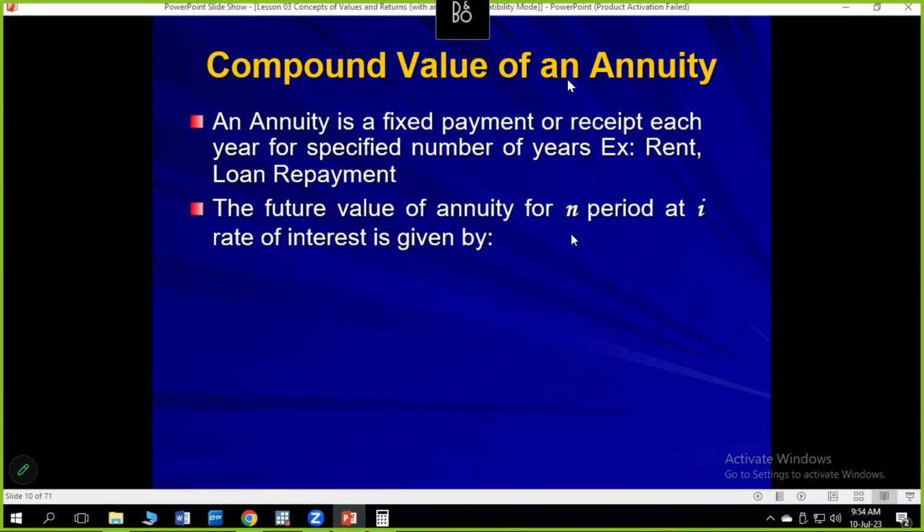The future value of an annuity should be calculated using some methodology for a period at a given rate of interest. These two variables, the number of years and the interest rate, are the powerful factors in determining the value. So how can you formulate a formula to calculate it?